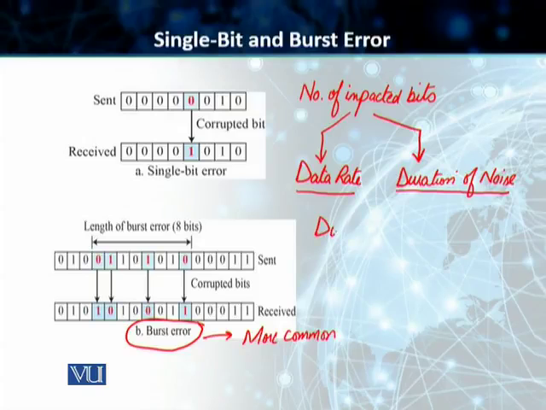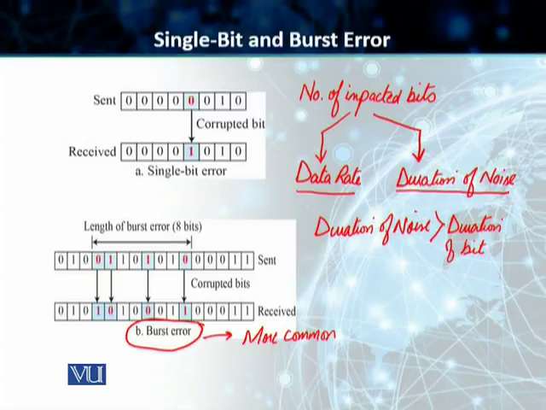So basically, most of the times, the duration of noise is normally greater than or longer than the duration of a bit. And so what happens is this noise gets to impact more than one bit, and therefore our burst errors, more than 1 bit errors, more than 2 bit errors are more common as compared to just 1 bit being impacted.